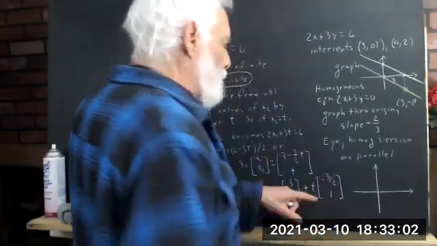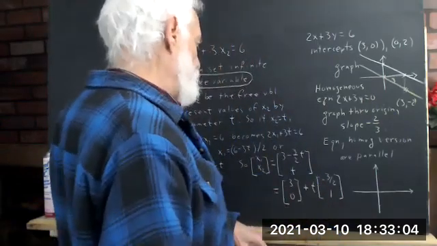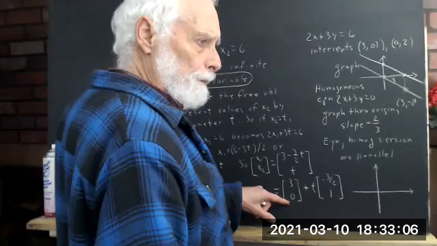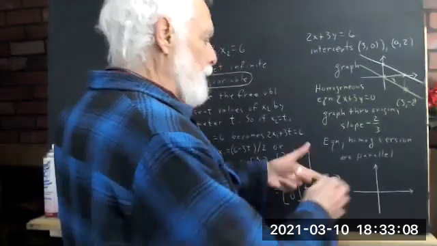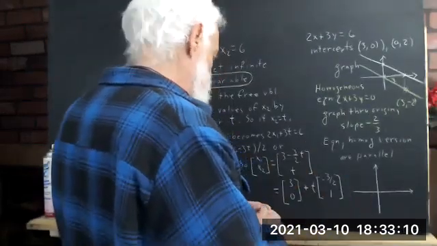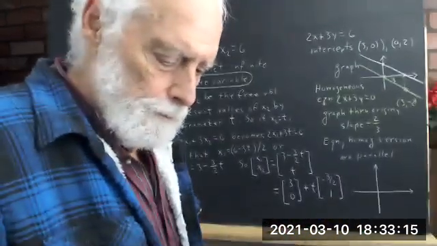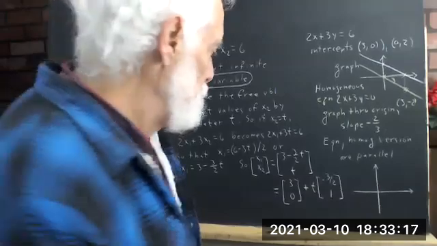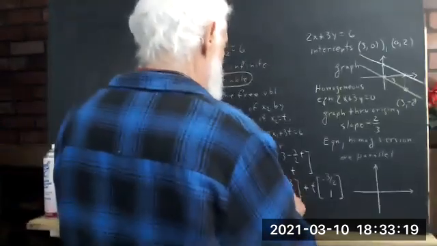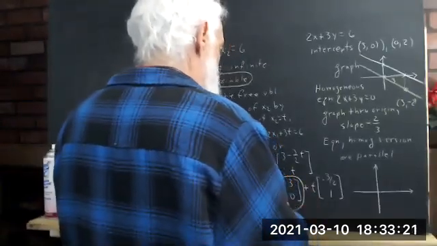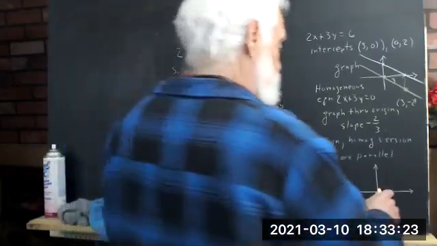Okay. I take the vector 3, 0, which is fixed. Now in the plane, I'm going to use, let's say, yellow for the vector 3, 0.